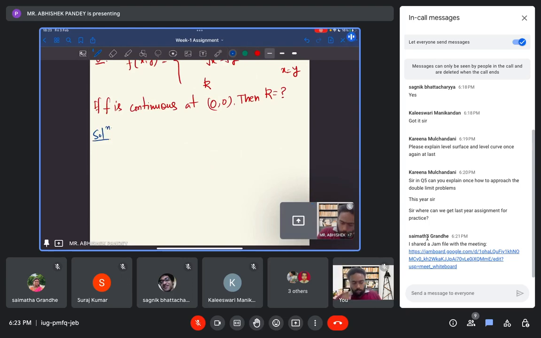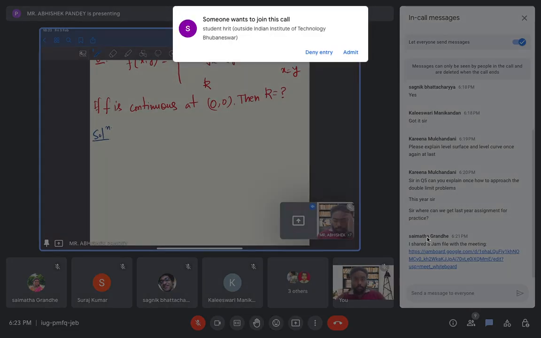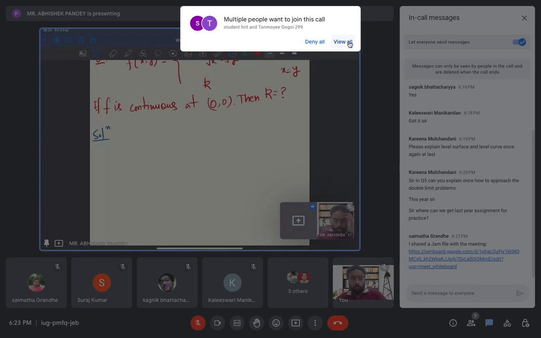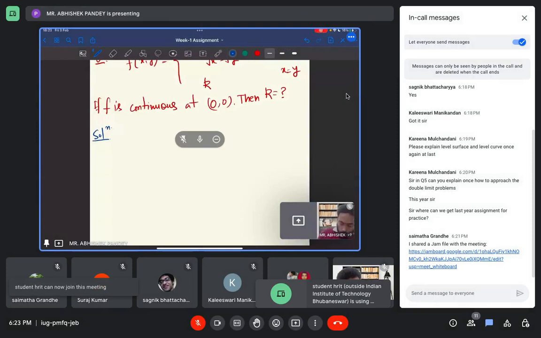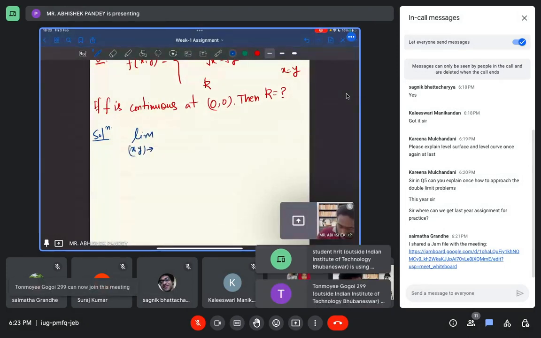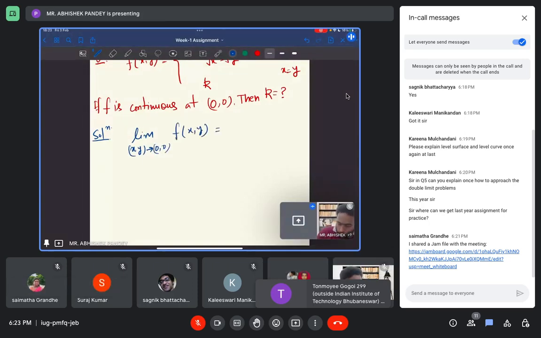Since it is given that f is continuous at (0, 0), which means that the limit as (x, y) tends to (0, 0) of f(x, y) equals f(0, 0), and f(0, 0) is nothing but k.